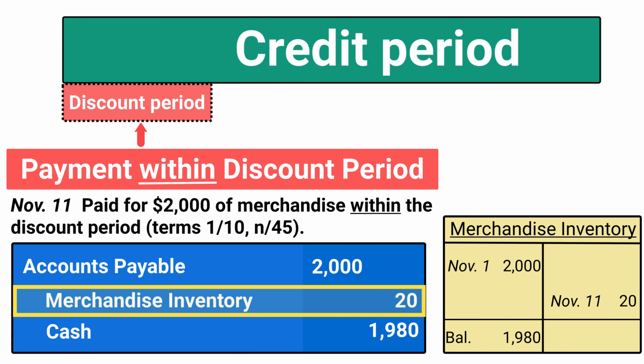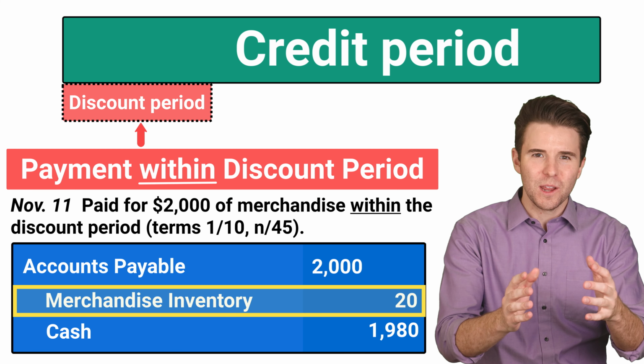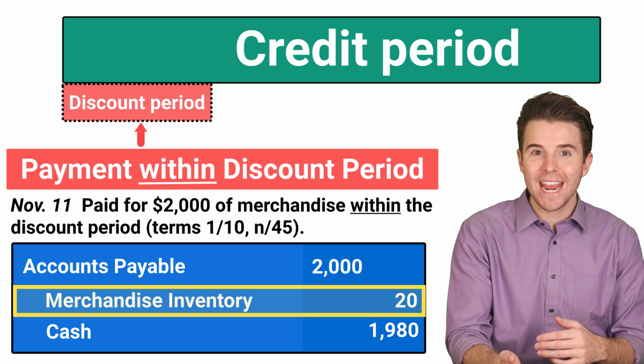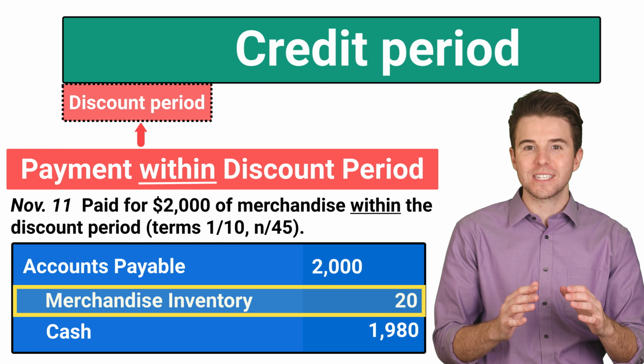The merchandise account is credited for $20 because it reduces the inventory account balance to $1,980, which is what we actually paid for the merchandise. Our T account shows that the $20 credit reduces our balance in inventory to $1,980. Again, that is what we actually paid after receiving the $20 discount.